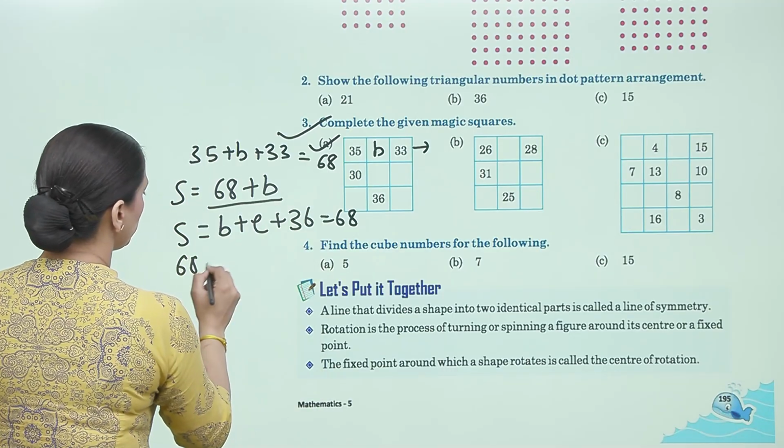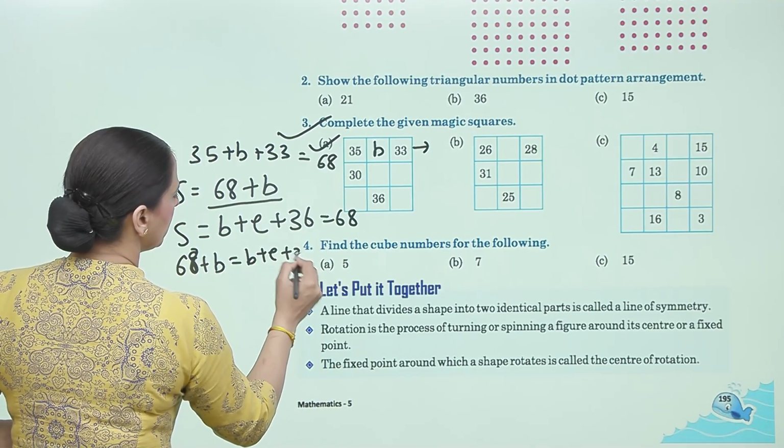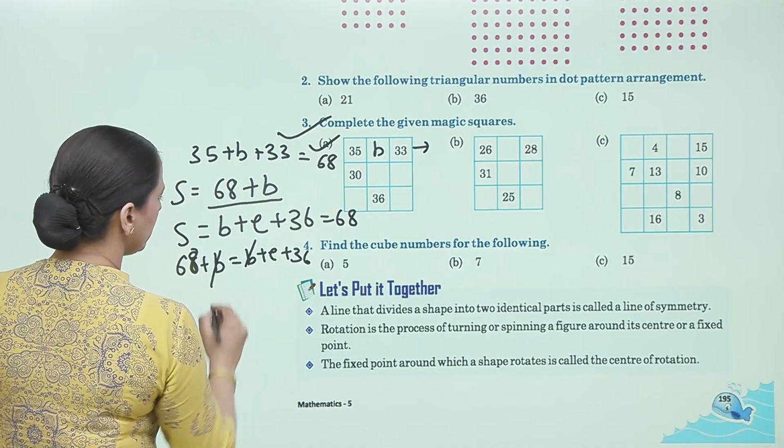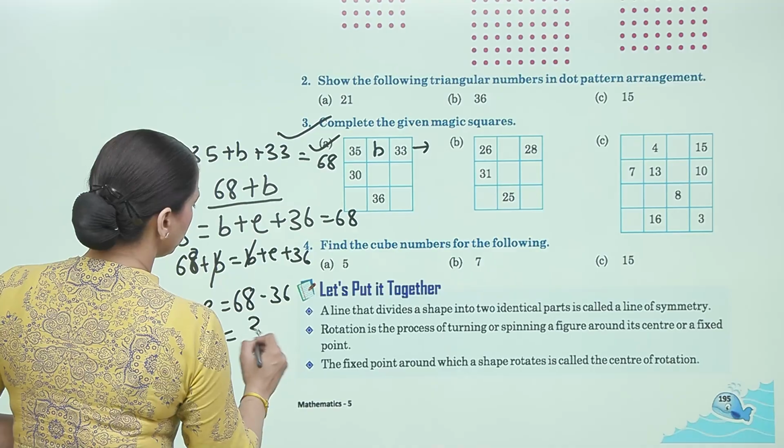So 68 plus B is equal to B plus E plus 36. B cancels B. E is equal to 68 minus 36, which is 32.